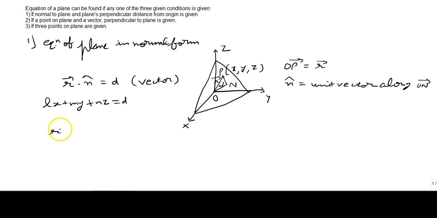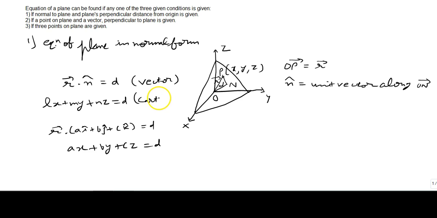There is another equation, where R vector is equal to AI plus BJ plus CK, and R dot n is equal to D, and this will give me another equation, AX plus BY plus CZ is equal to D. So this is the vector form and this is the Cartesian form.